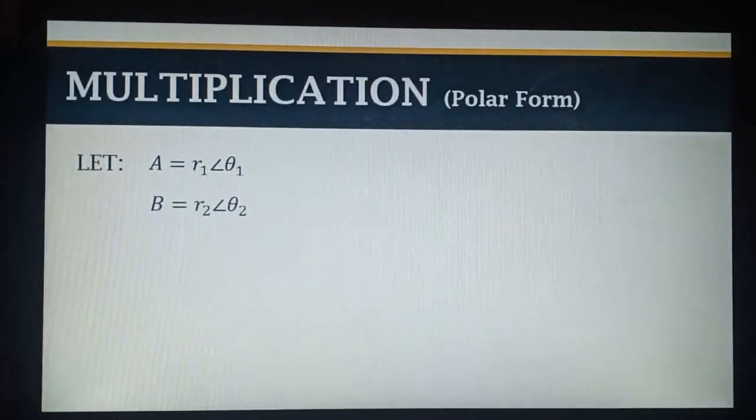Next operation is the multiplication, but in polar form rather. So let's say you have complex A as R1 at angle theta 1, then complex B is equal to R2 at theta 2.